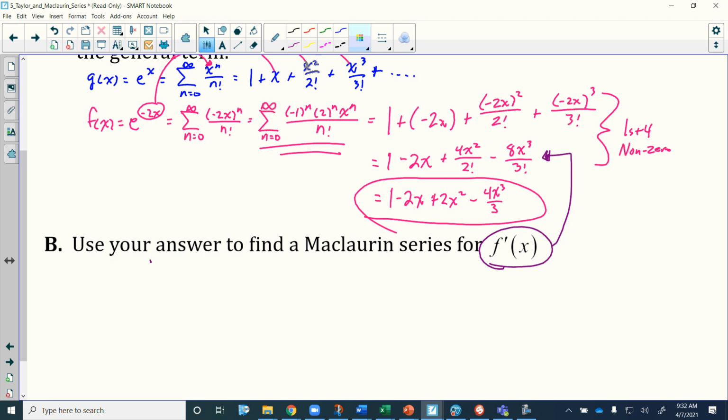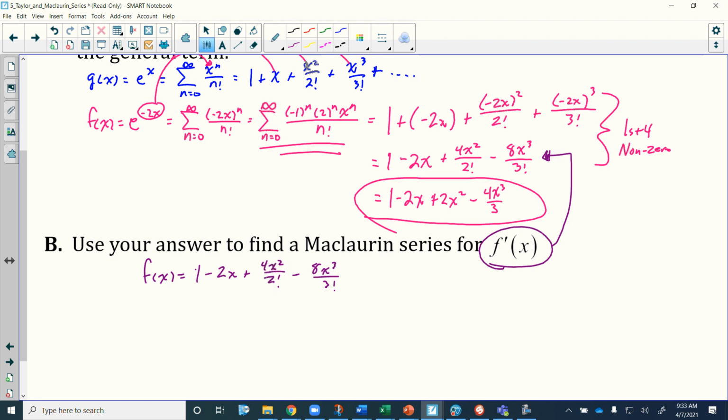So right now we have f of x to be 1 minus 2x, plus 4x squared over 2 factorial, minus, alternating, 8x cubed over 3 factorial.